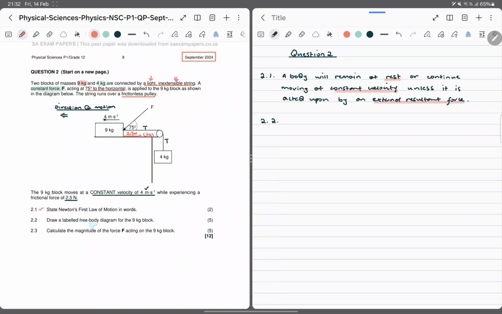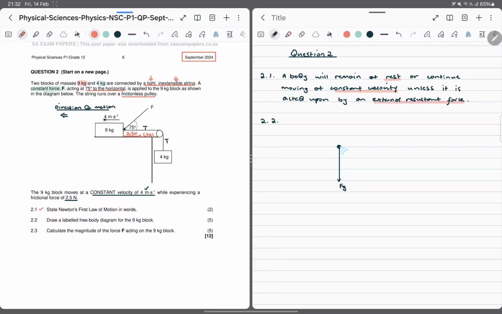Okay, we need to draw a labeled free body diagram for the 9 kg block. So often we use a dot. We used to use a block. We called it a force diagram, but whatever. Anyway, guys, first, the easiest force to deal with here is the weight of this object. It's always going to be straight down. And the weight is accepted as Fg. So there's no need to explain what that is, okay?